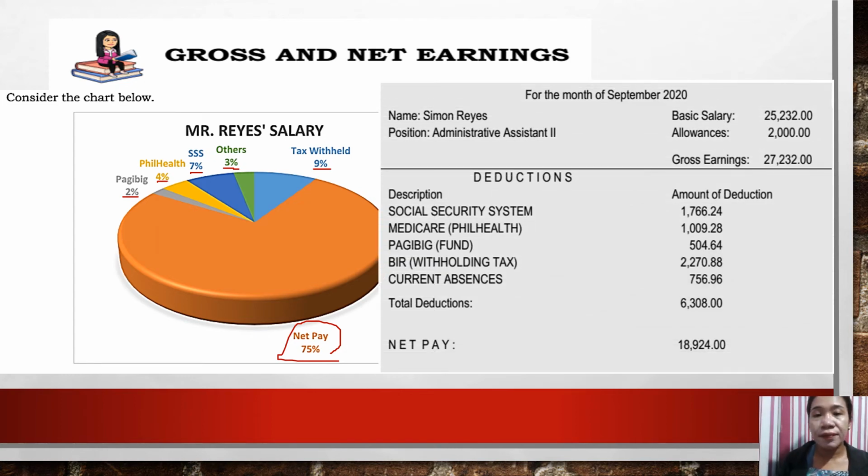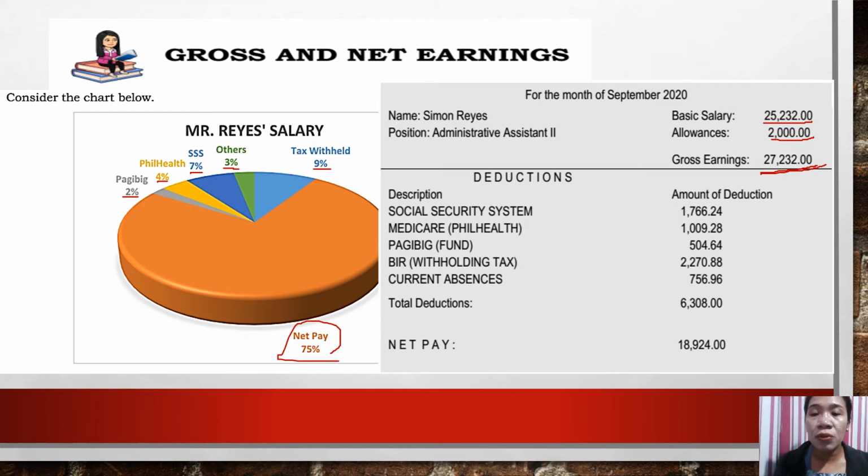Now, considering that, Mr. Simon's payslip. Mr. Simon, being an administrative assistant too, has a basic salary of 25,232 pesos. He also has an allowance of 2,000. So his gross earnings is 27,232.